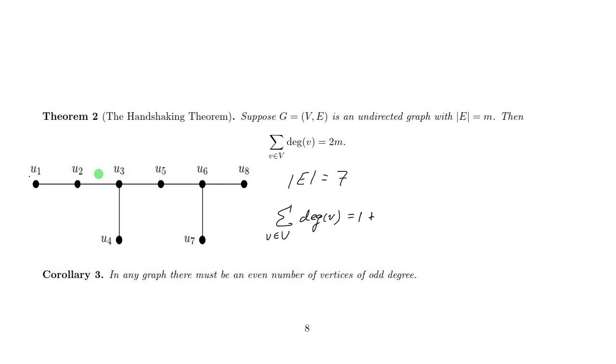U1 has degree 1, U2 degree 2, U3 degree 3, U4 has degree 1, U5 has degree 2, U6 is degree 3, U7 is degree 1, and U8 is degree 1. If we add all of those up, we get 1 plus 2 is 3, plus 3 is 6, plus 1 is 7, plus 2 is 9, plus 3 is 12, plus 1 gives us 14, which is 2 times 7. So the handshaking theorem, at least for this one, does work out.